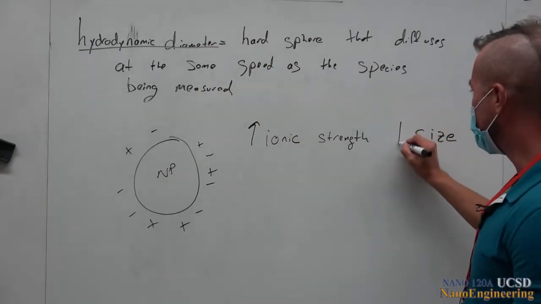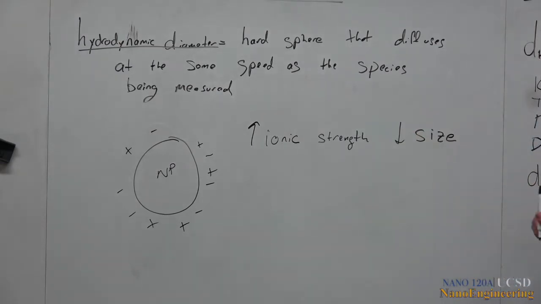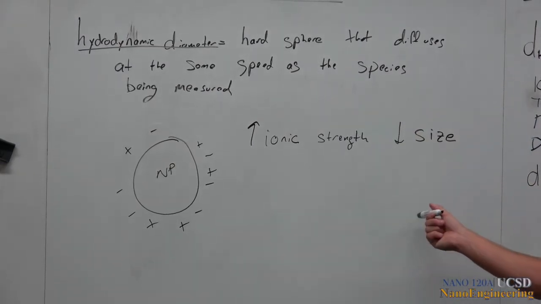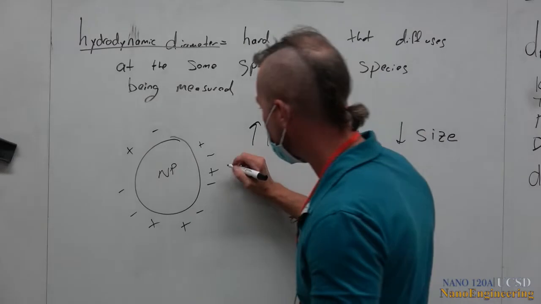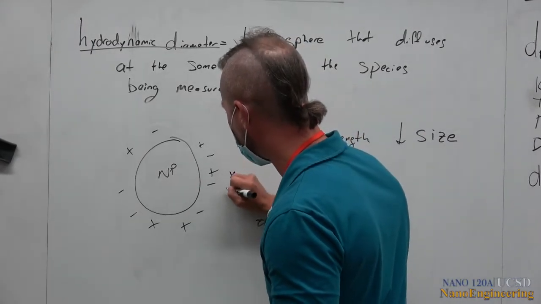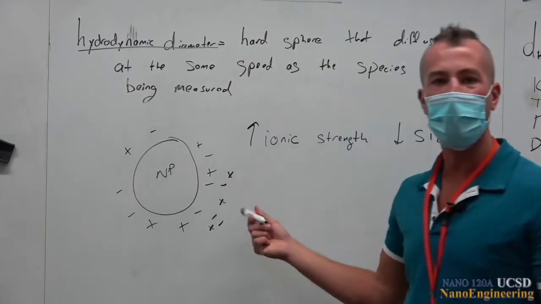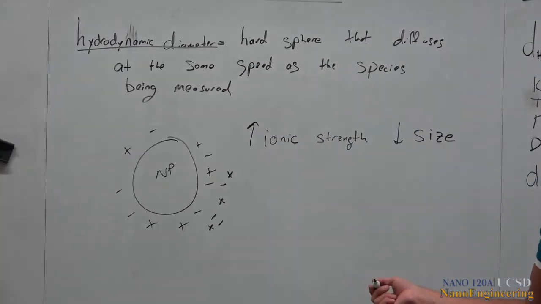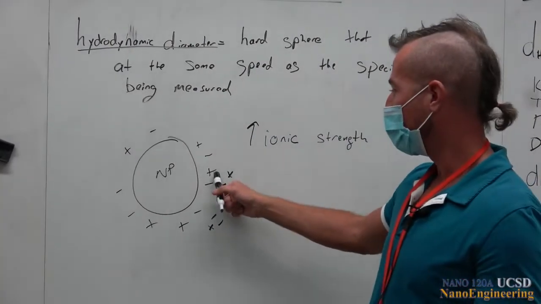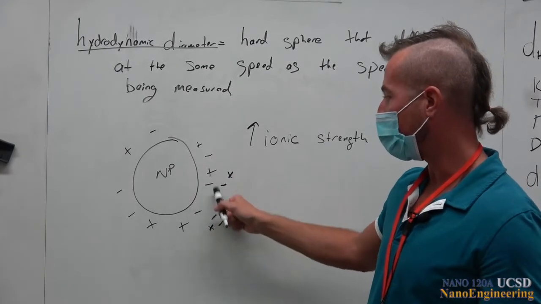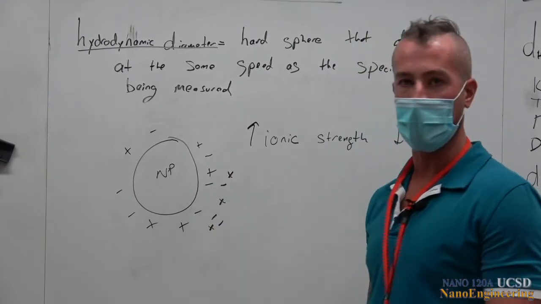So if we have more salt in solution, what does that do to the hydrodynamic radius? It actually decreases it because your Debye length is getting smaller because you have simply more salts to associate with each other, right? When you have more charge, you have more charge to interact with other charge rather than with the nanoparticle.